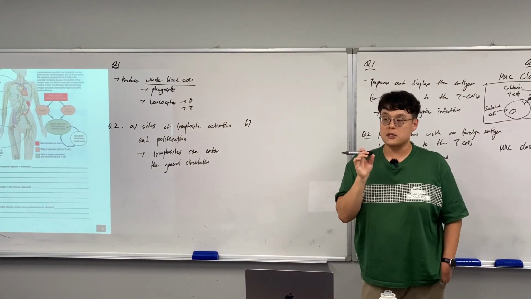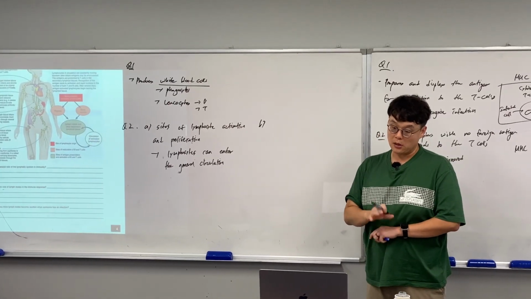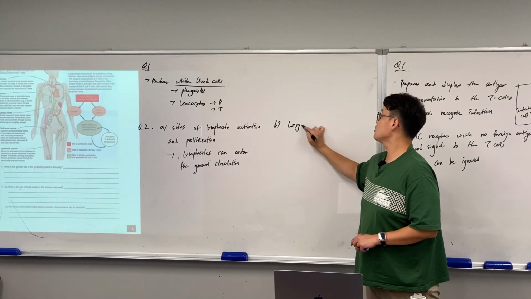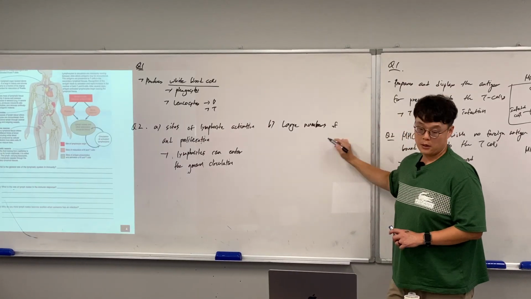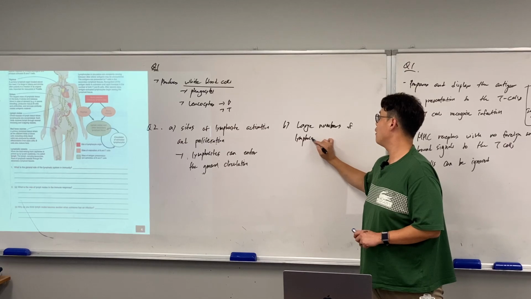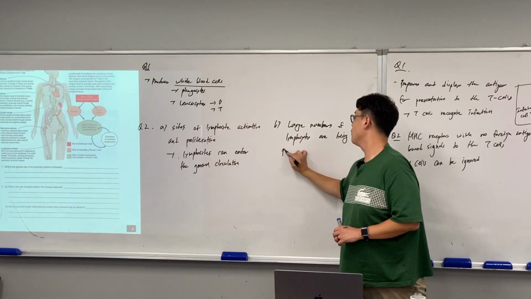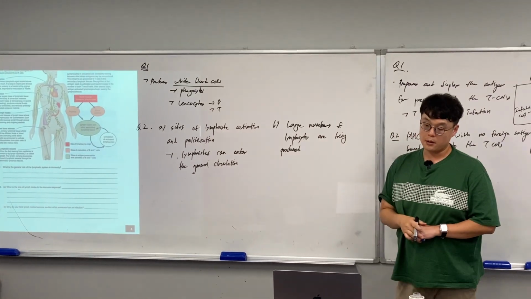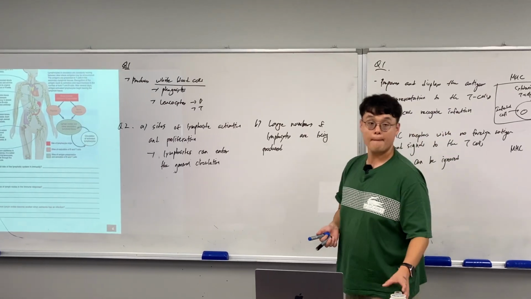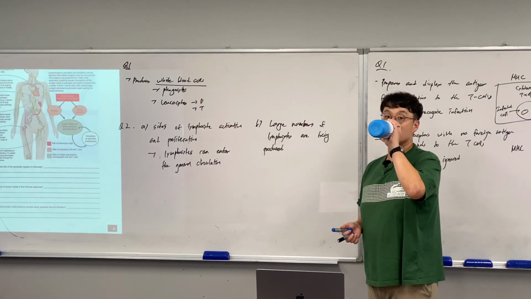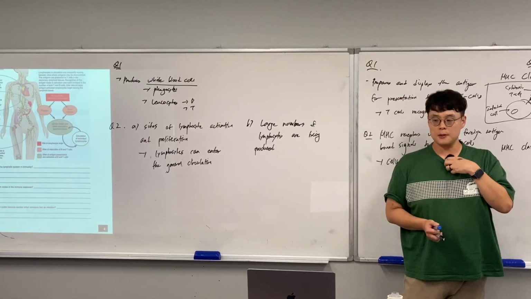The swollen site is the lymph node. Think about it: there are lots of leukocytes and lymphocytes available in case of infection. So the lymph node swells because large numbers of lymphocytes are being produced, so they can fight the infection.